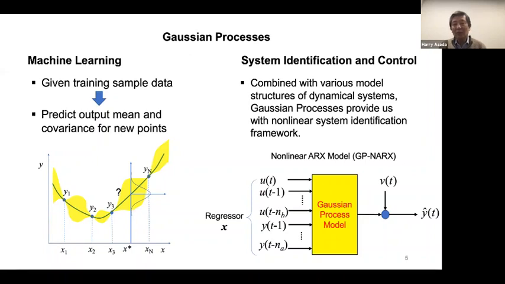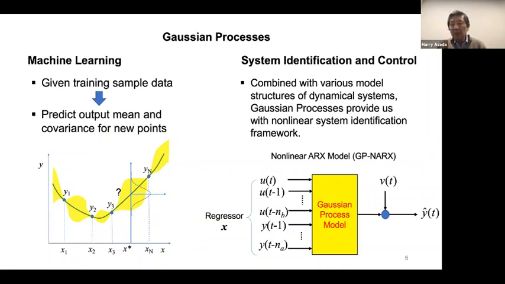And also the input sequence part is involved. And then some noise is added to that. Then you get the observed output and predictions, y hat, right? So that's the model we can use.